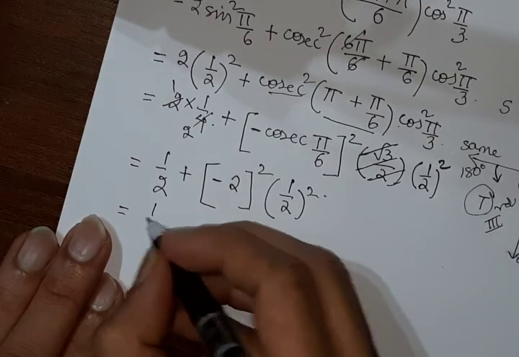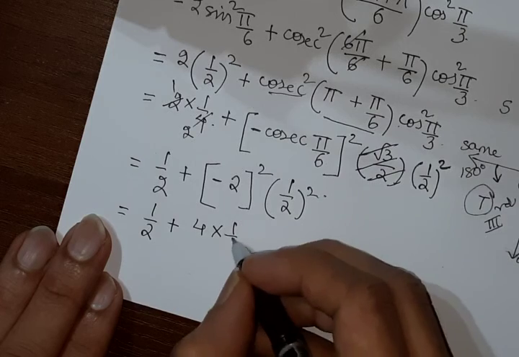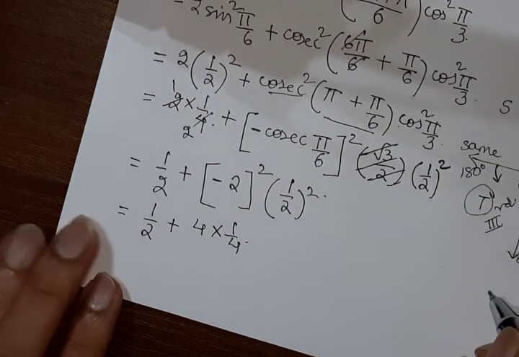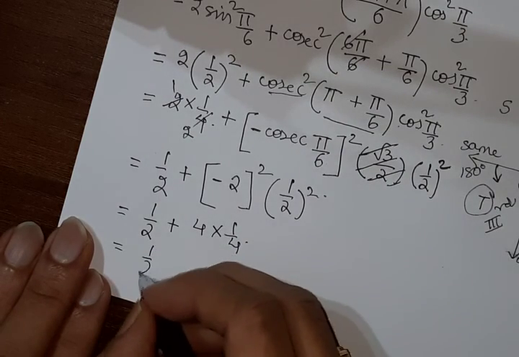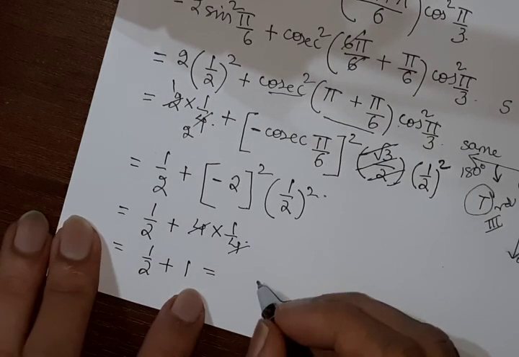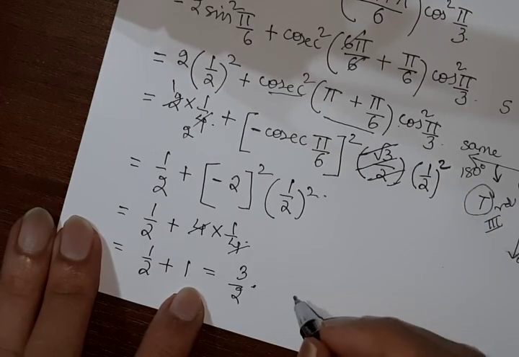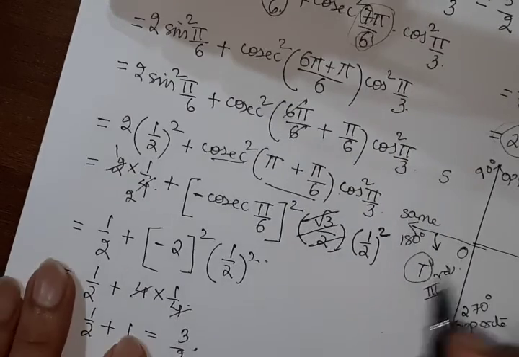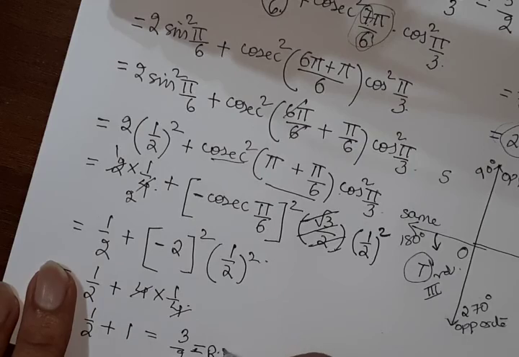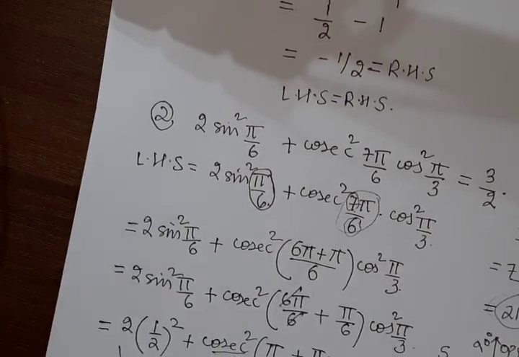So what you will get, half plus 4 times 1 by 4. So that is half plus 4 and 4 get cancelled, you will get 1, and half plus 1 is nothing but 3 by 2. And that is the RHS that we wanted to get. That was the second problem.